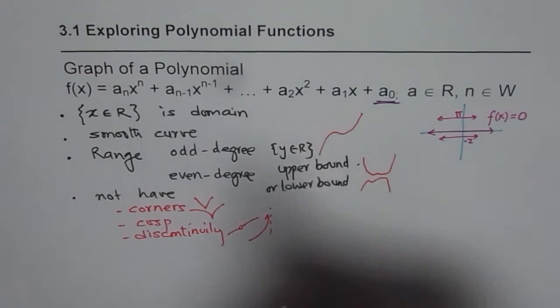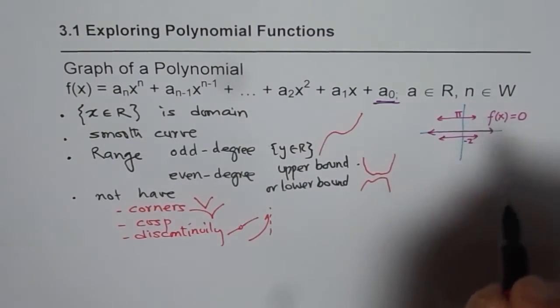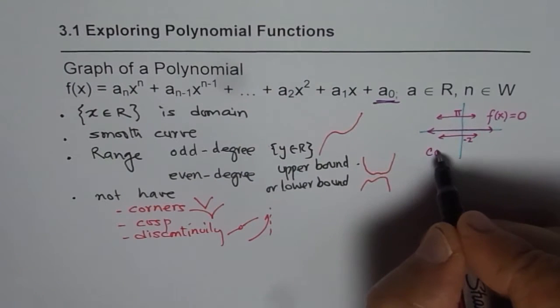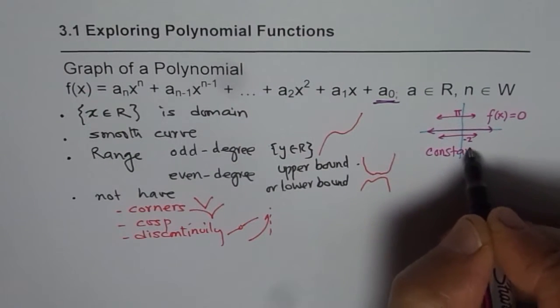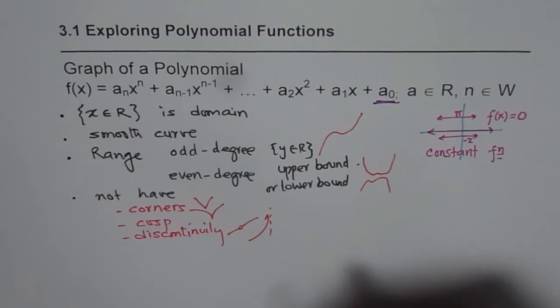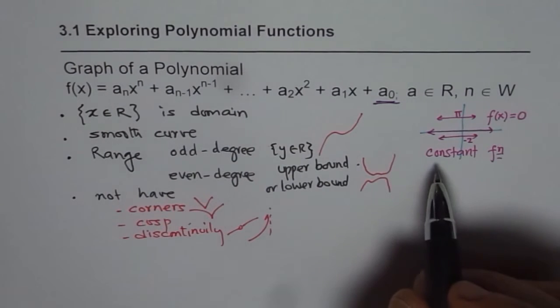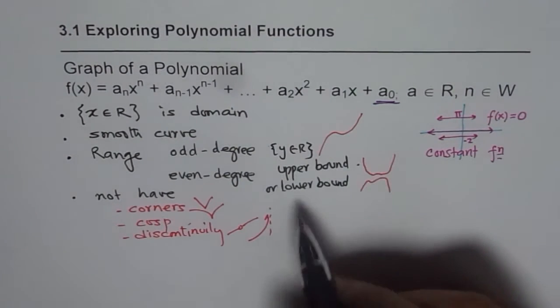All other functions, now if you have a linear function, right? So what we talked about is a constant function. The constant function has the restriction, the range is just one number, right? But for all other polynomials, the range is either bound on one side or it is not bound.